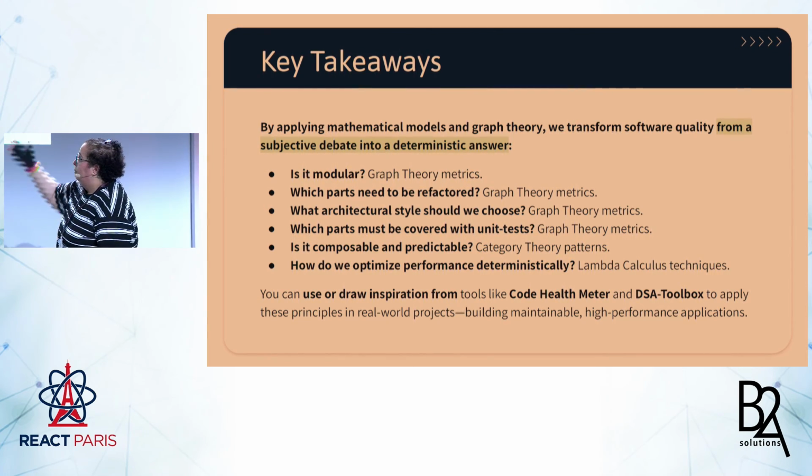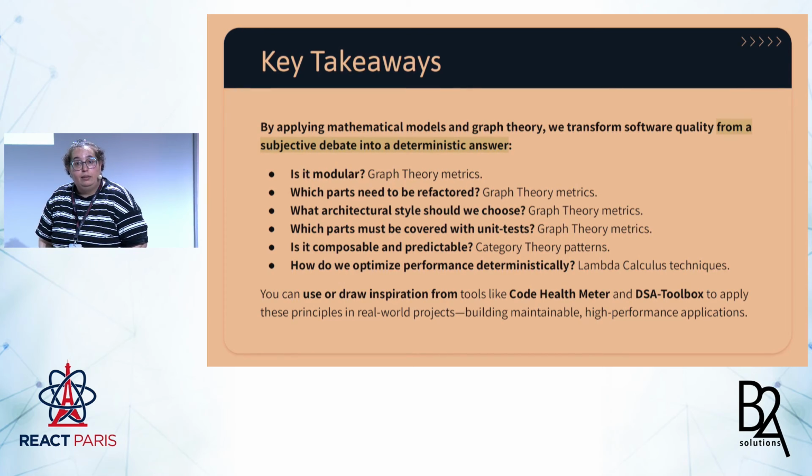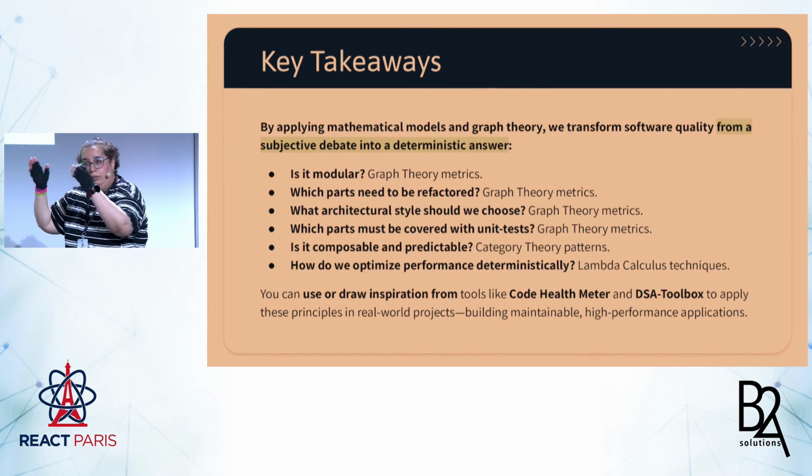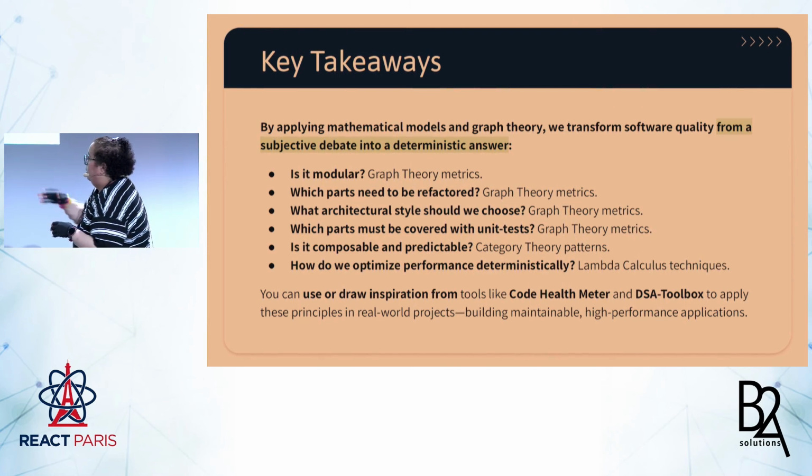I will say, look at the graph theory metric. When we say which part needs to be refactored, I say graph theory metric. Which architecture style is most suitable for me? I will say, look at the graph metric and decide which style you will use for your organization. Is it composable, predictable? If you use category pattern, then it is.